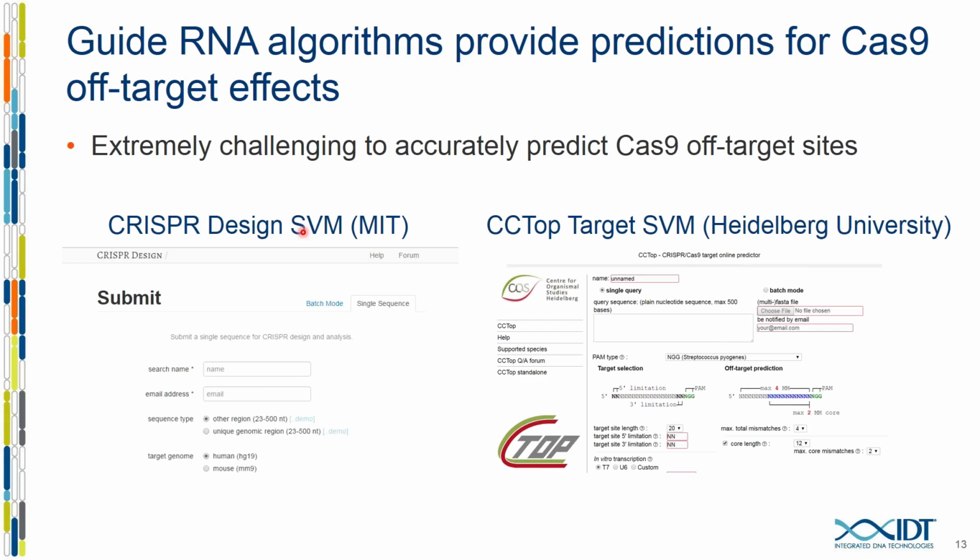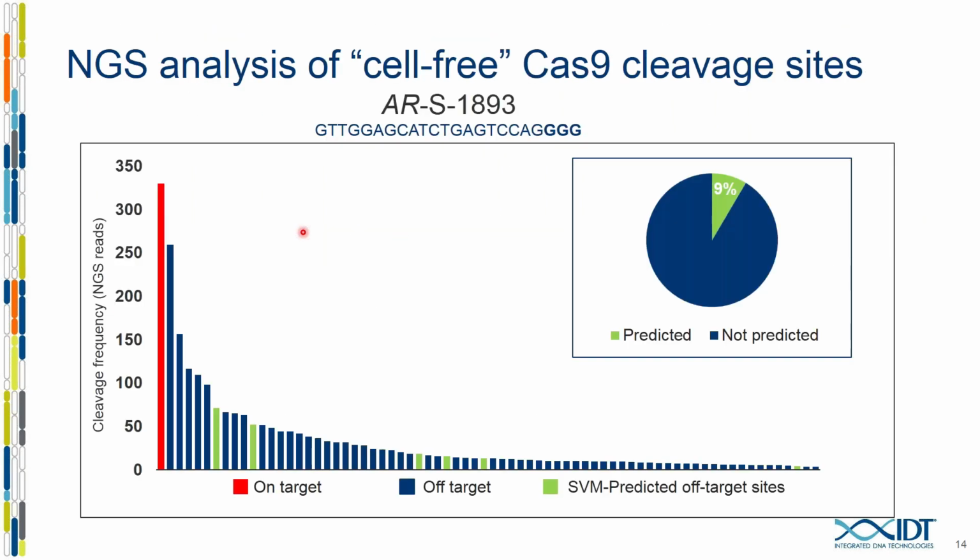And what we found is that it's very, very difficult to accurately predict Cas9 off-target sites. And I think this has a lot to do with there being a lot of things that we don't yet understand about cleavage preferences for the Cas9 enzyme.